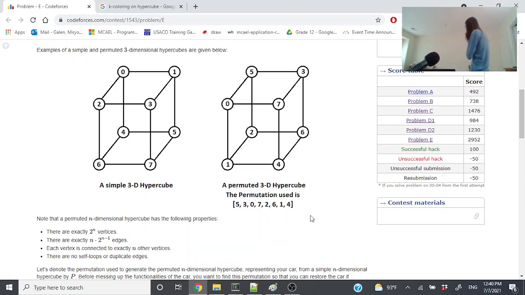Oh wait, it needs to be done specifically like this, doesn't it? Yeah, it does.